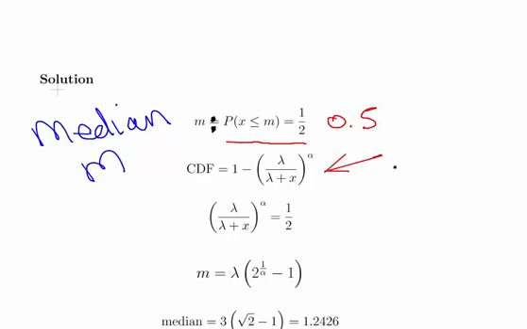So if that is equal to 1/2, necessarily 1 minus this term here is equal to 1/2. That means that this expression here is also equal to 1/2.